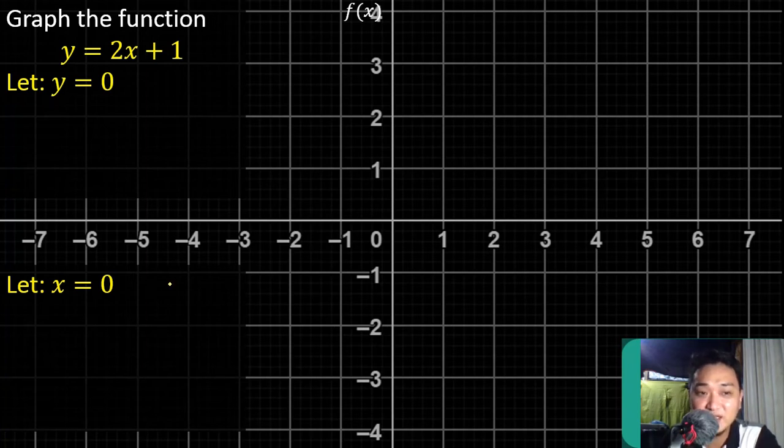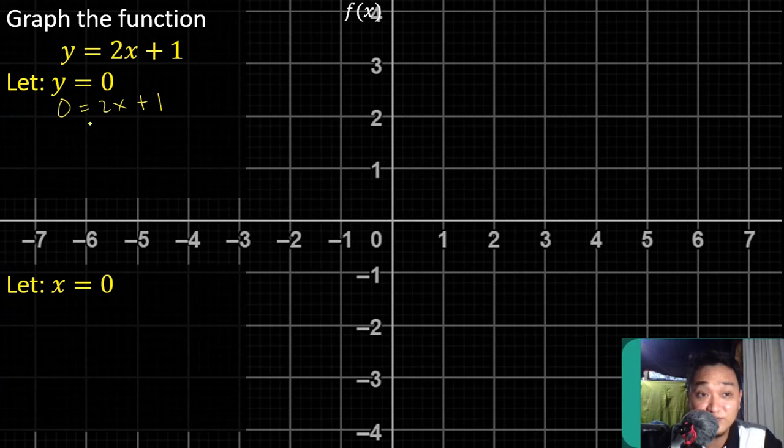So again, whenever we let x is equivalent to 0, ang hinahanap naman natin dyan yung y-intercept. Okay. So let us try to solve, ano? If y is 0, therefore this equation becomes 0 is equivalent to 2x plus 1.